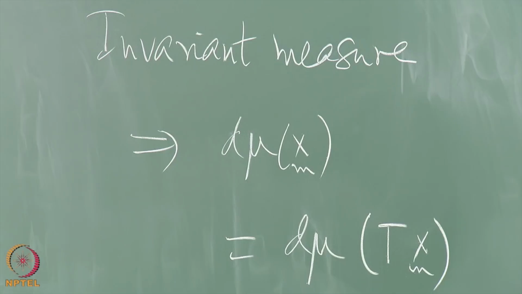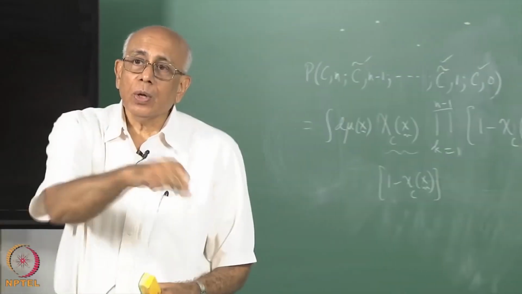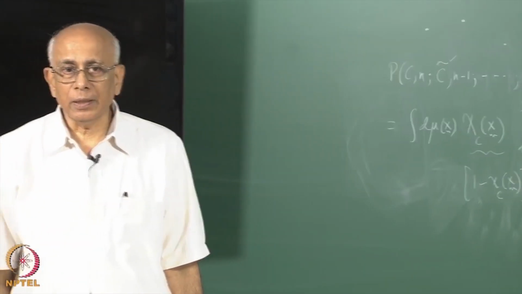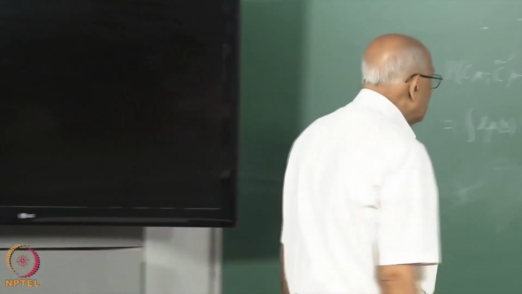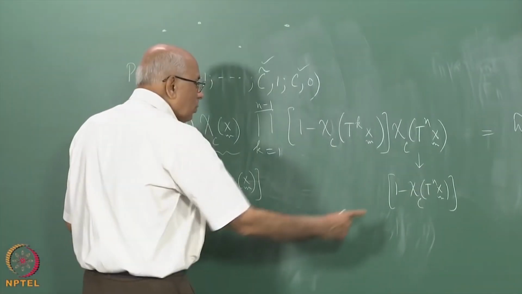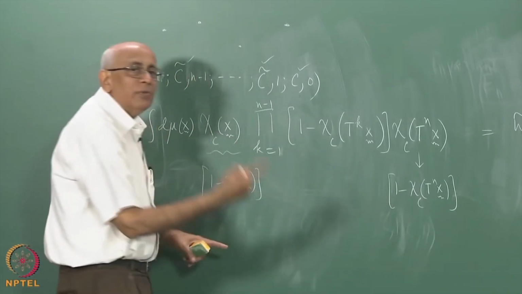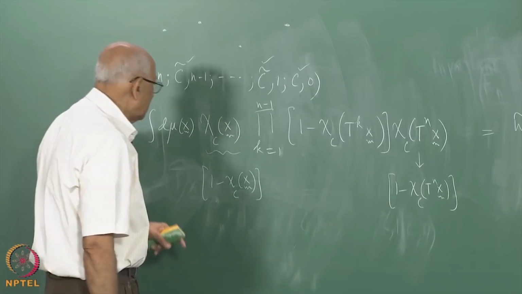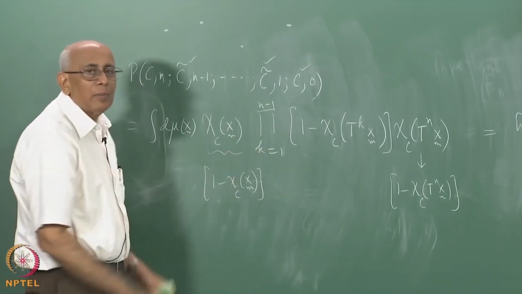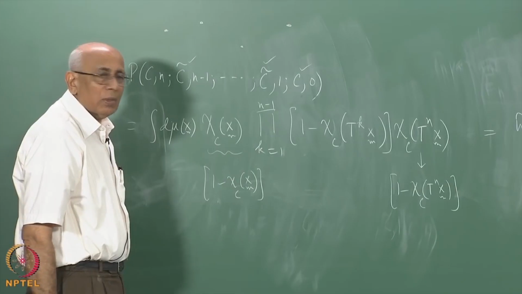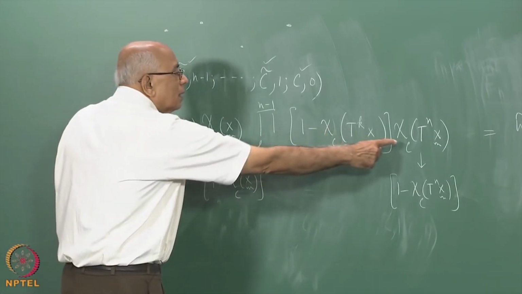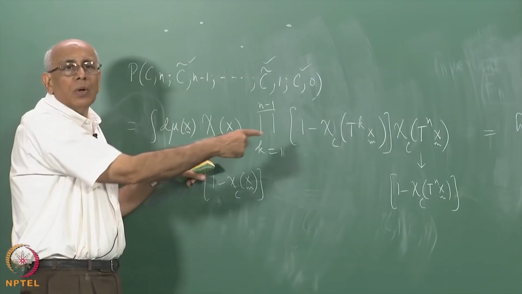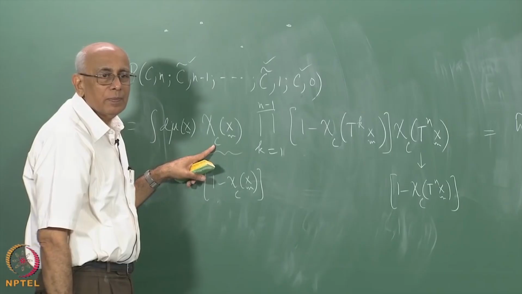So I change variables from x to y, where y is this nonlinear function of x, and the probability measure does not change at all. So in the term which is 1, we change variables to tx, and then it will look exactly like another w, which is 2 less than this 0 to n, which had n plus 1 of these points, but now you have n minus 1 of these points.